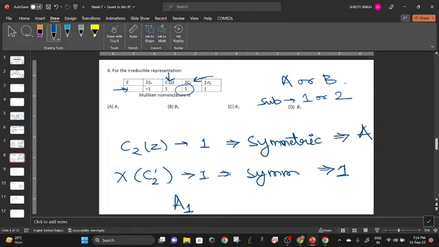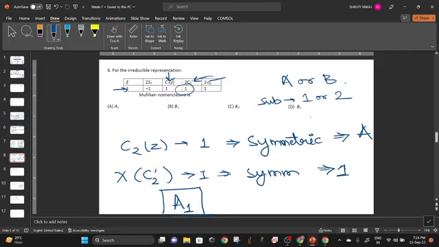Next we check the molecular plane or the perpendicular plane. But in this case, this plane is parallel to the principal axis, so we don't need to take this one. There is no molecular plane, so we don't have to go further.